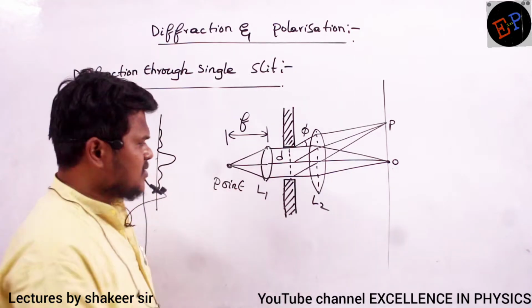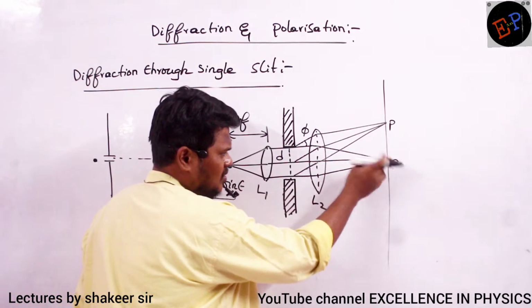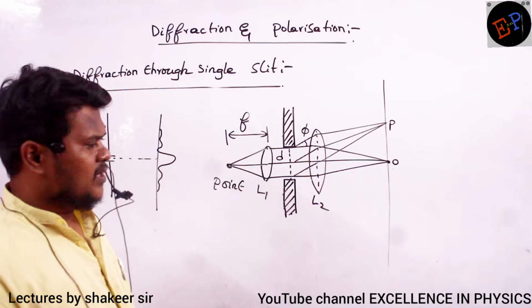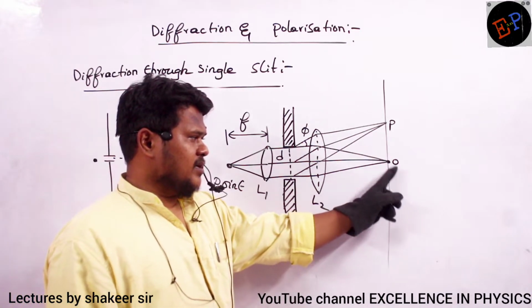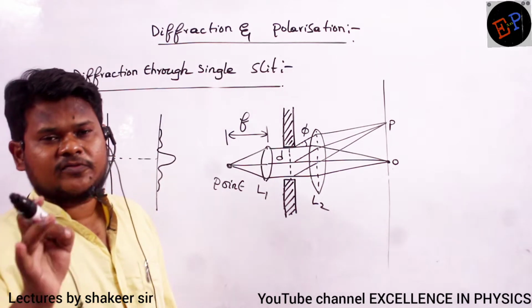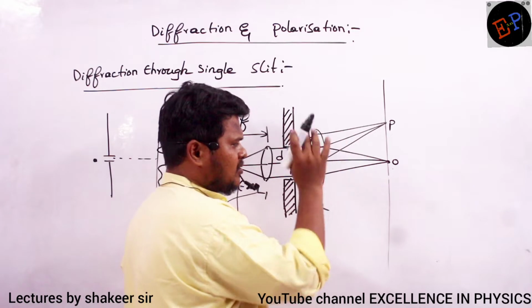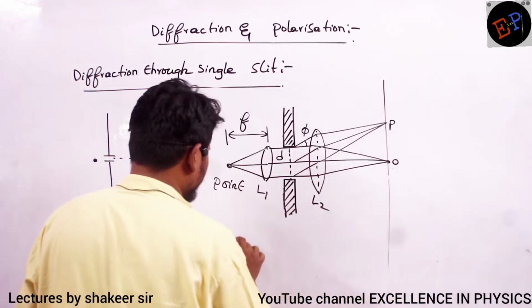So most of the light rays go and converge at the center of the screen. This center of the screen, the fringe which is formed here, is called the central bright fringe. What is the fringe formed here? Central bright fringe. So what is the point I can write?